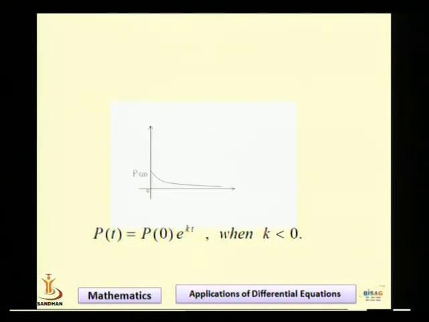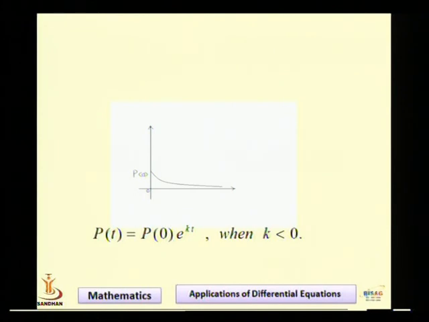Now take the situation in which k is less than 0. When k is less than 0, P of t goes on decreasing, and when t goes to infinity, P of t will go to 0. So from the graph you can see that.